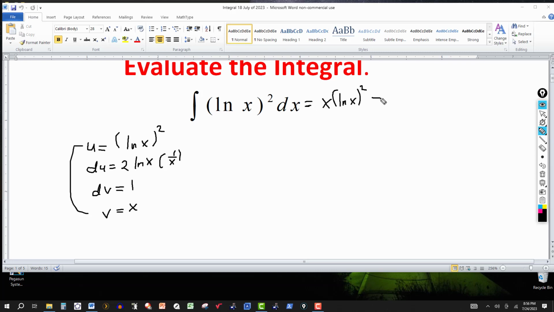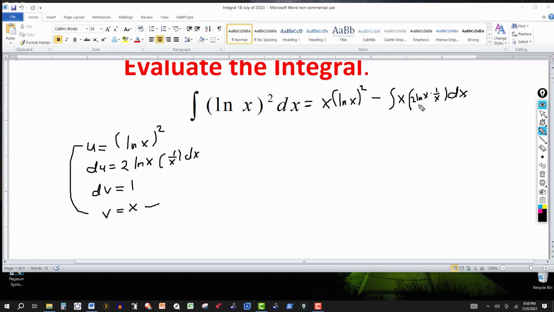And then it's minus, and that'll be the integral of v. So v is x, right here. And then that's going to be times du. So it'll be 2 ln of x, and then 1 over x. And then I got dx here. So that comes over here also.